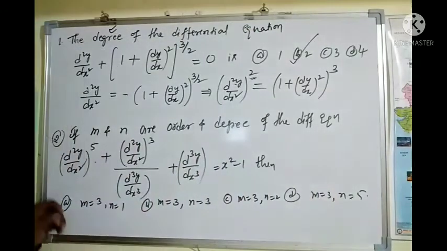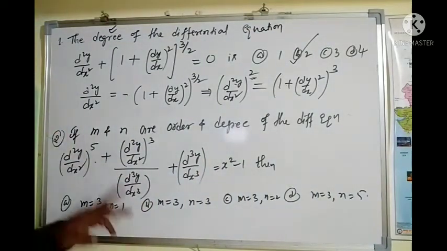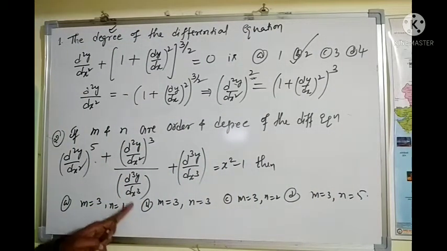That's why we multiply both sides by d cube y by dx cube. What happens here?